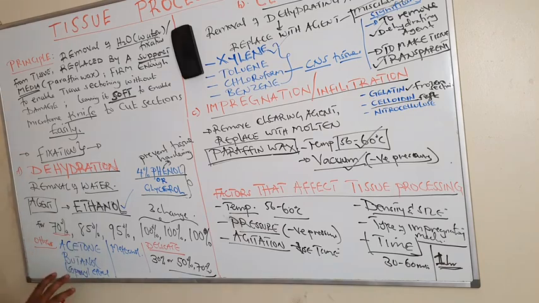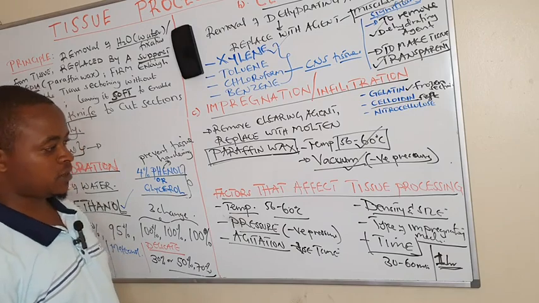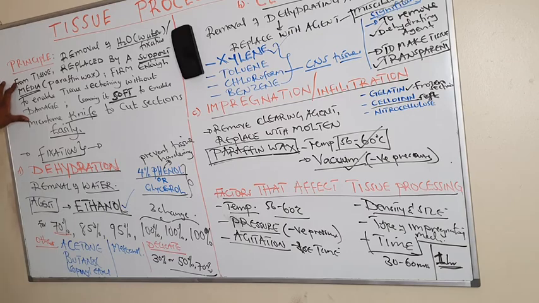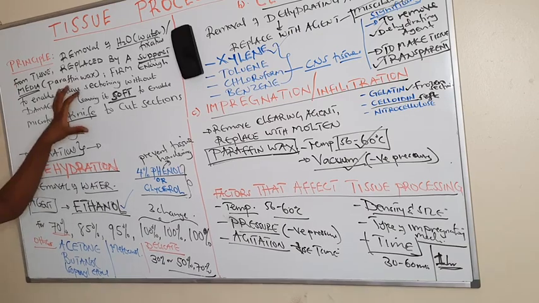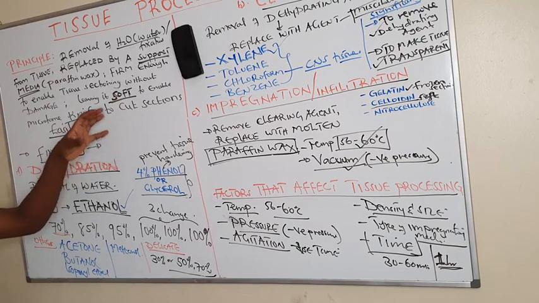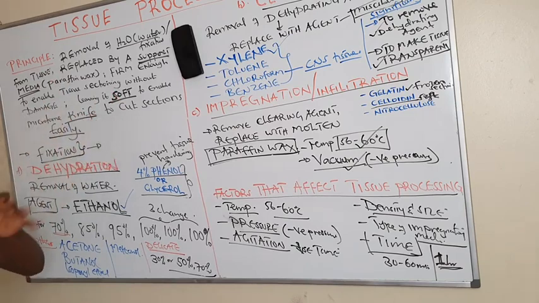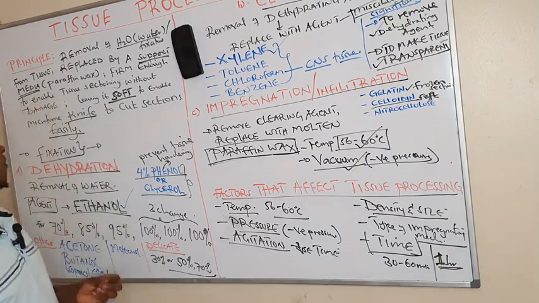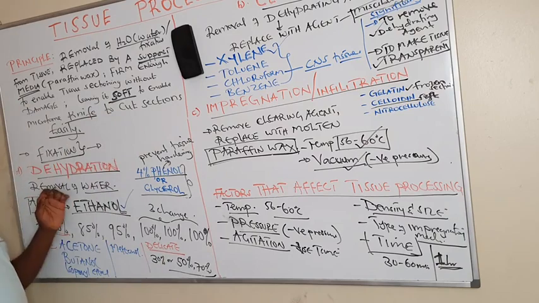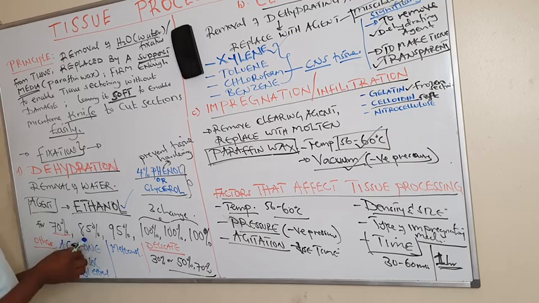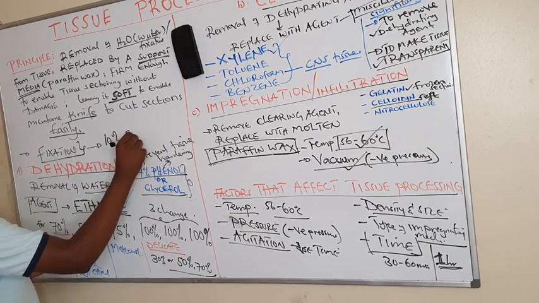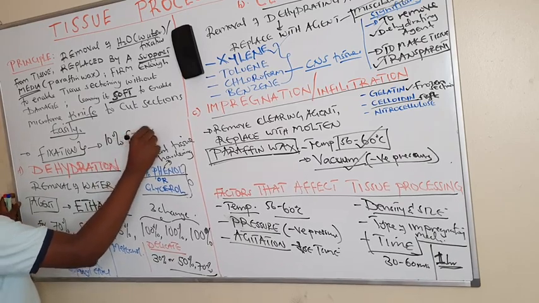So this is what we can discuss under tissue processing, whereby we have seen the principle where we are removing water, replacing it with a support media firm enough to enable cutting sections, but at the same time leaving the tissue soft to enable the knife to cut without damaging. Then we have seen fixation, in case they were not well fixed, whereby we can continue fixing them in 10% formalin, as we know that 10% formalin is the most commonly used.